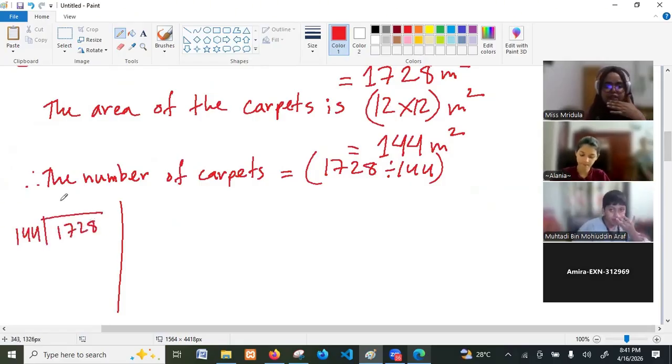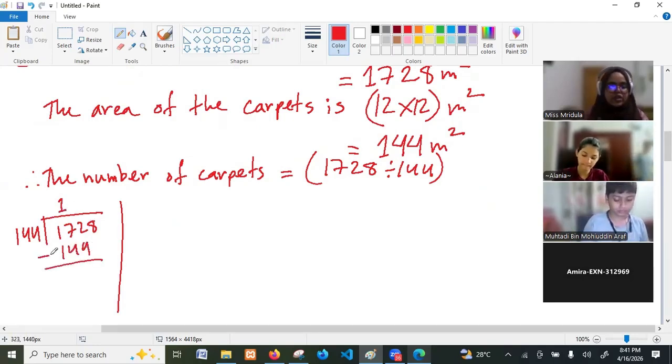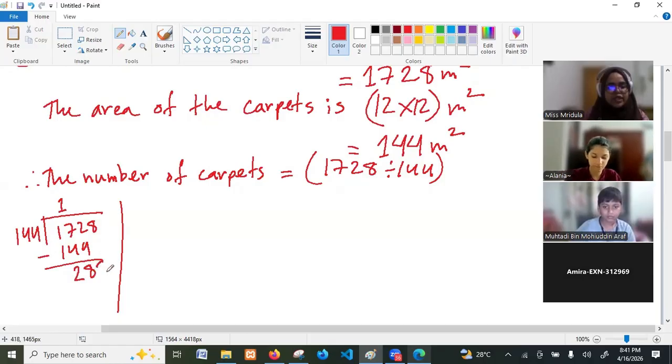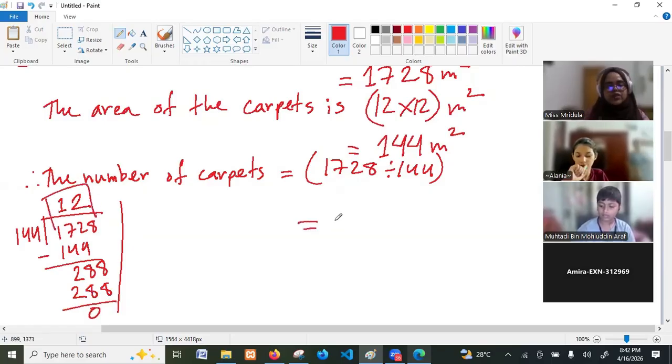So we can take it one time at first. So it is 144. If we are subtracting, we will get 8. We will get 5, 6, 7, 20. And we will put the 8 down. So 144 will go to 288 2 times. 2 4s are 8, 2 4s are 8, 2 1s are 2. So we got 12. So we will be needing 12 carpets.